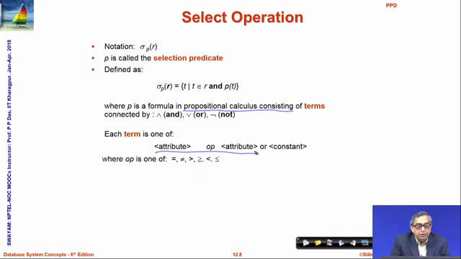It is an attribute, operator, and an attribute, where operators are different comparison operators, any one of the 6, or a term could be an attribute, operator, a constant. So, given that we can write any expression which is a predicate, and applying that we can select the tuples from the relation R which satisfy this predicate.